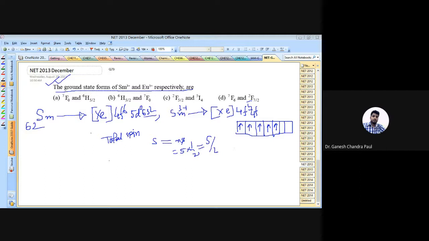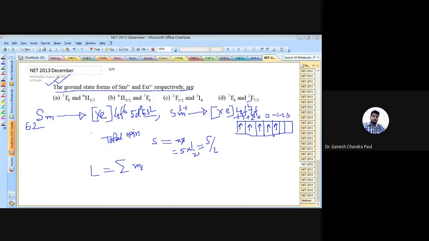Therefore, if you try to find out the total angular momentum value, capital L, how can you get it? Capital L is equal to the summation of ml. So here it is plus 3, plus 2, plus 1, 0, minus 1, minus 2, minus 3.